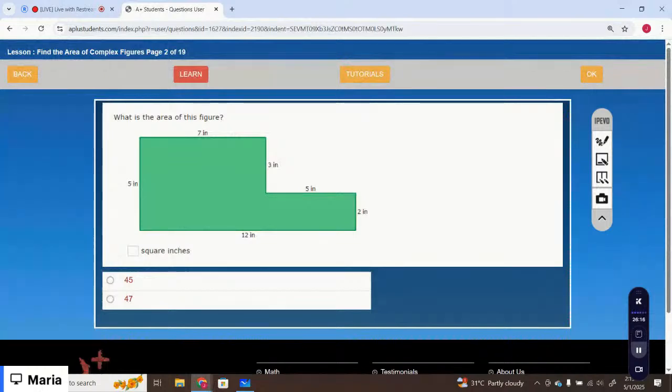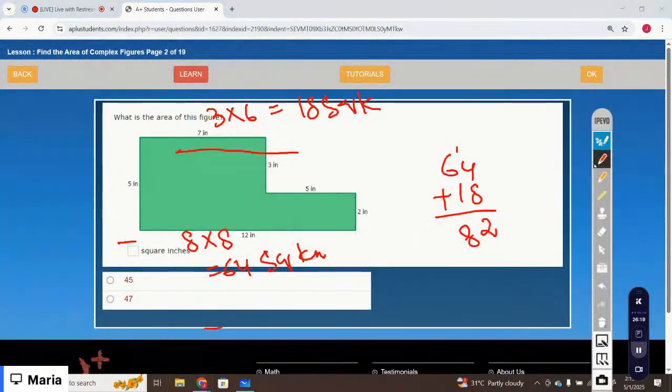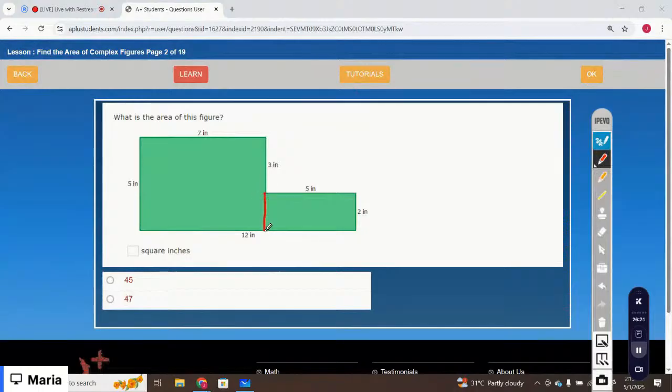What is the area of the figure? So this figure has 5 times 7, which is 35. Then the smaller one has three measurements, 2 times 5, that is 10. So which is the correct option?